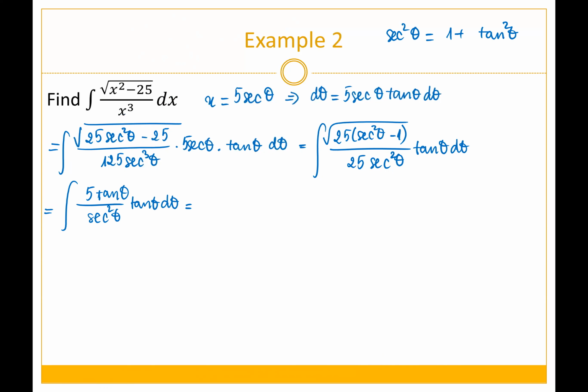Now, what we have here is just 5 tangent square over secant square d theta. So before I go any further, any questions over here with what I've done so far? Even if you don't have any questions, just type in the chat room so that I know, am I doing good or am I going too fast?